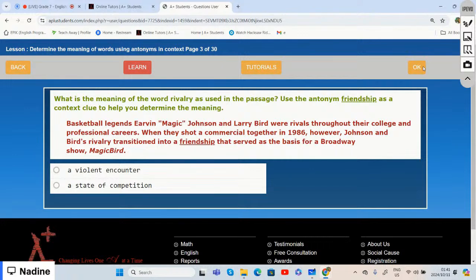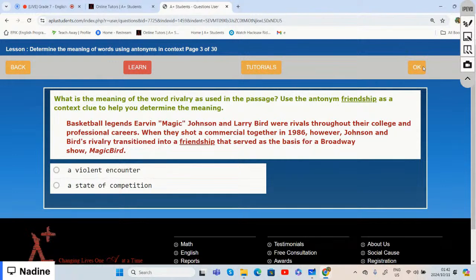It says basketball legends Irvin Magic Johnson and Larry Bird were rivals throughout their college and professional careers. When they shot a commercial together in 1986, however, Johnson and Bird's rivalry transitioned into a friendship that served as the basis for a Broadway show, Magic Bird.